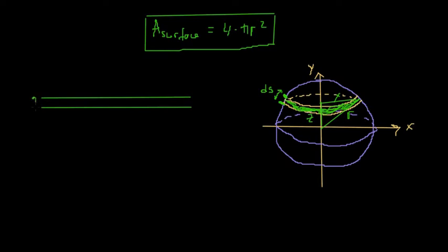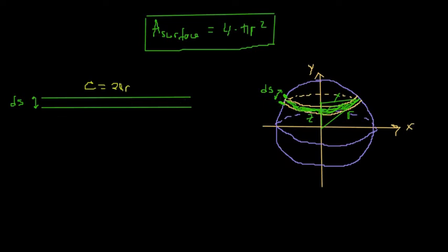In this case, this length is going to be ds, and the base or the length of the rectangle is going to be equal to the circumference of this circle that is inside it. Okay, so this one is going to be just circumference is equal to 2 pi r, right?